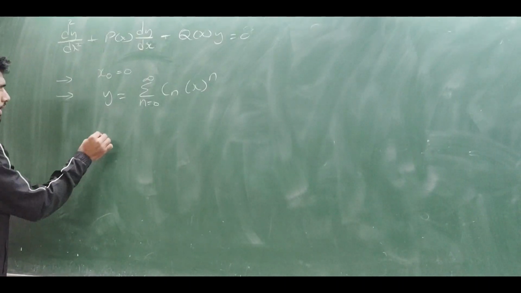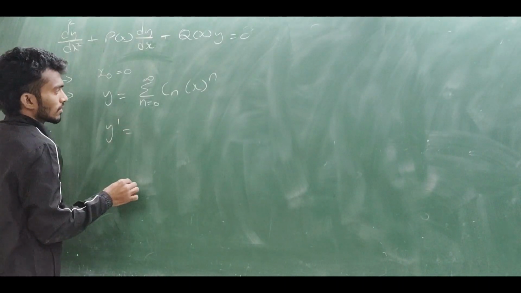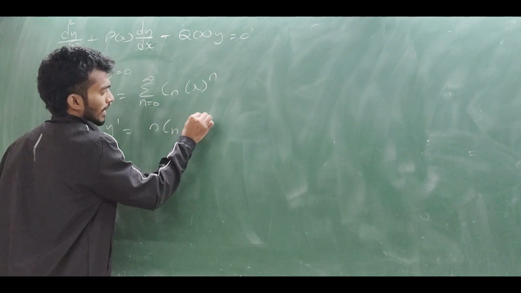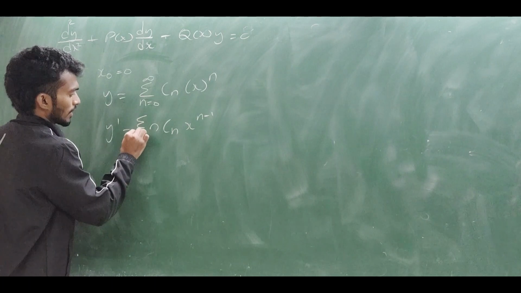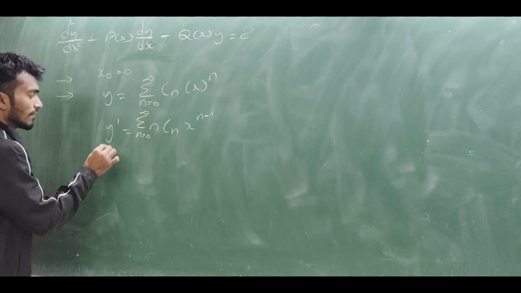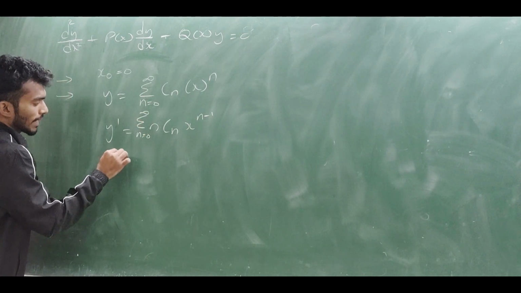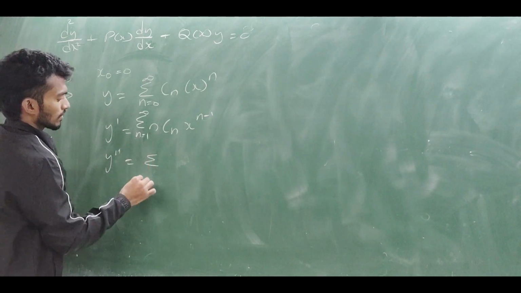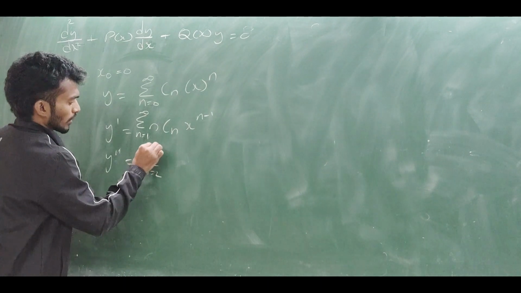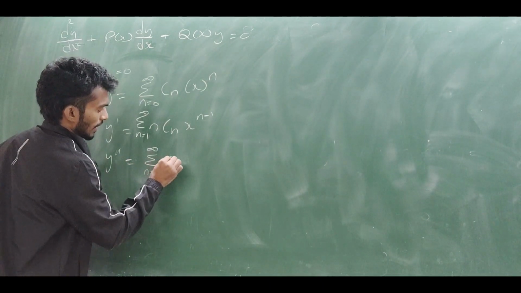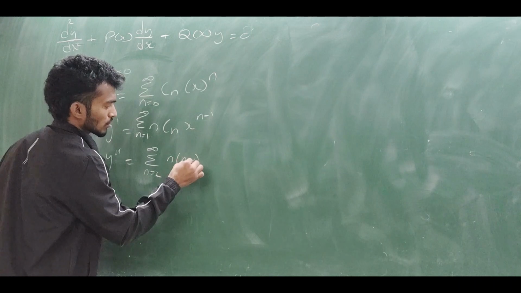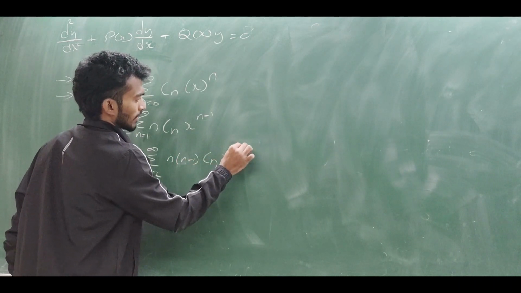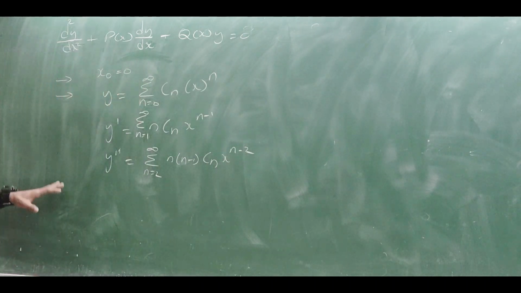Secondly, we need to find y dash, that is summation n equal to 1 to infinity n into c n x power n minus 1, and y double dash, that is summation n equal to 2 to infinity n into n minus 1 into c n x power n minus 2.